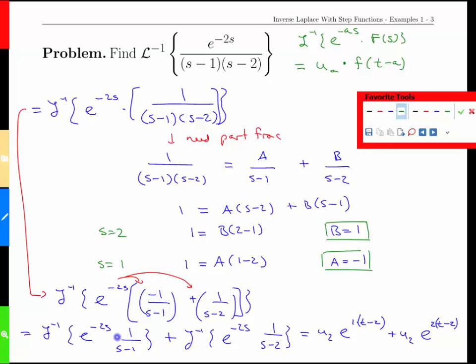There's a negative here, so we'd end up with a negative out front of this term here. So what we'd have again is exponentials that are shifted to the right, but that only turn on at time 2.